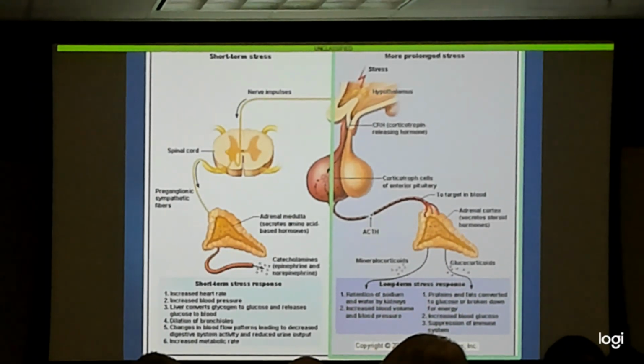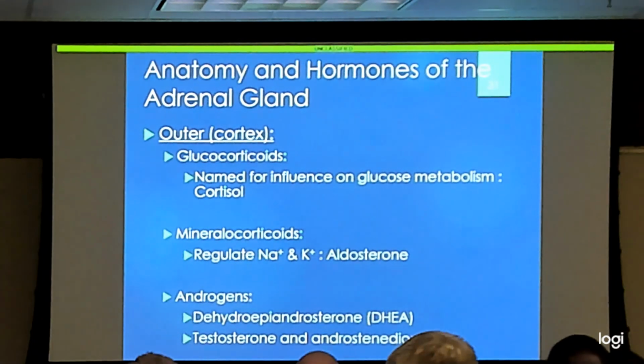All right. So understand, you just have two features: mineralocorticoids and glucocorticoids. Mineralocorticoids is aldosterone, glucocorticoids is cortisol. Cool, good job. All right, so one huge thing to think about with glucocorticoids is the influence on glucose metabolism.